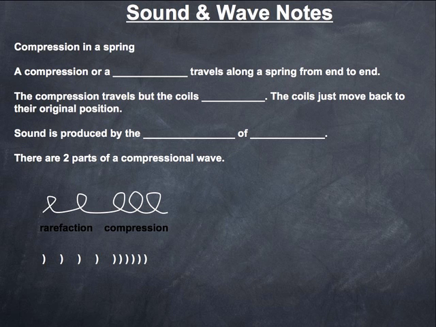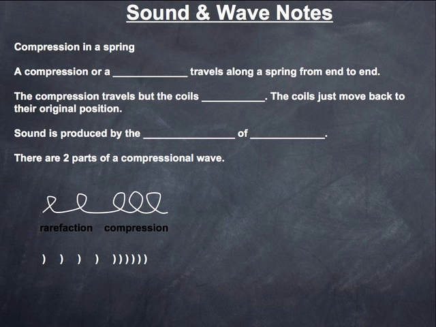And when it reaches the end, it bounces back, and the compression returns. This is a type of wave. It's not a wave like you imagine the ocean moving up and down. This is called a compressional wave, where some molecules are compressed and then expand, and so that compression travels down the spring.